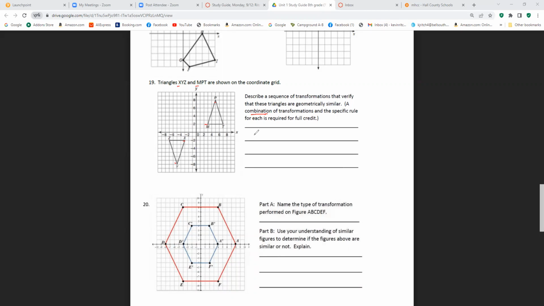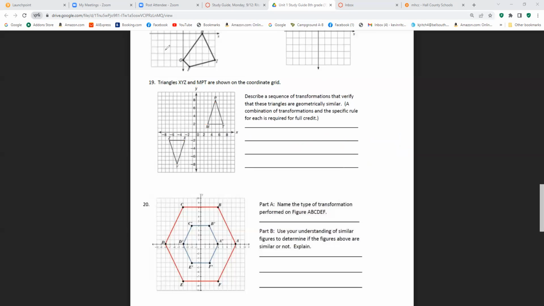So the first transformation is a reflection over the x-axis, and then a reflection over the y-axis. Or one transformation would just simply be a 180-degree rotation.